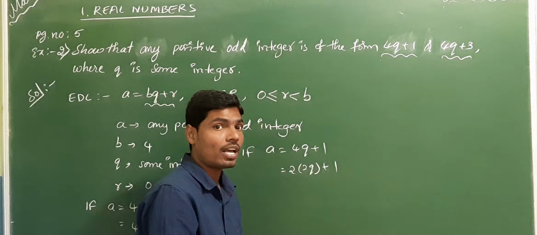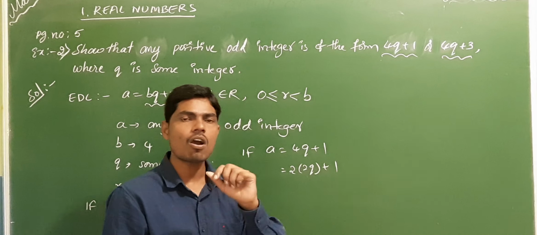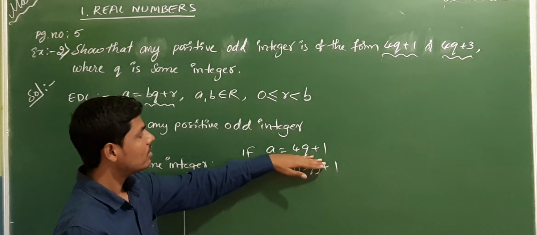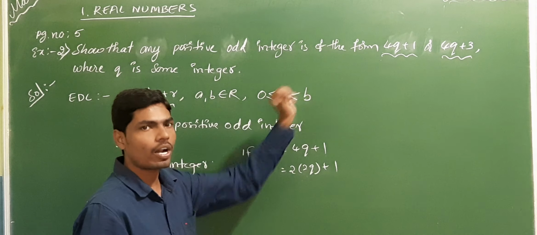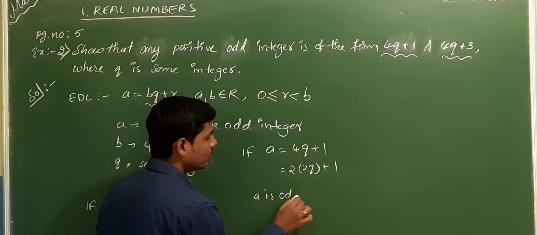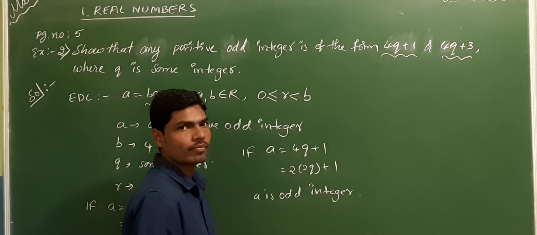When you are dividing any number by 2, if you get remainder 1, those numbers are odd numbers. So 4q plus 1 is of the form for odd integers. Yes, A is an odd integer.